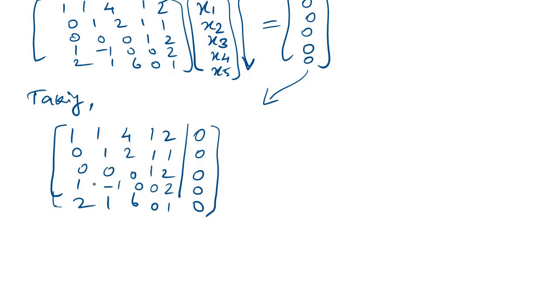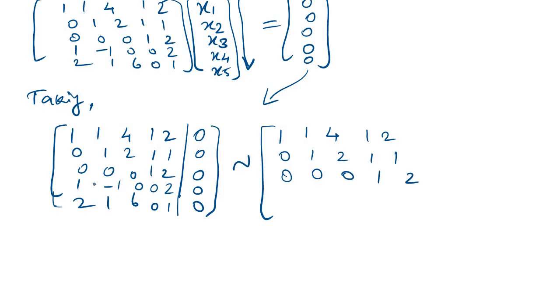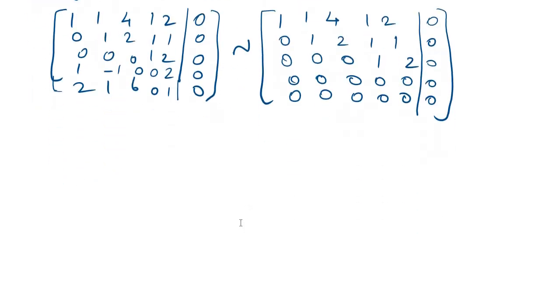Now again, this matrix is also reduced to row echelon form, and directly I'm writing because we have already reduced it. Just I'm copying it. Again, writing this in the system of equations.